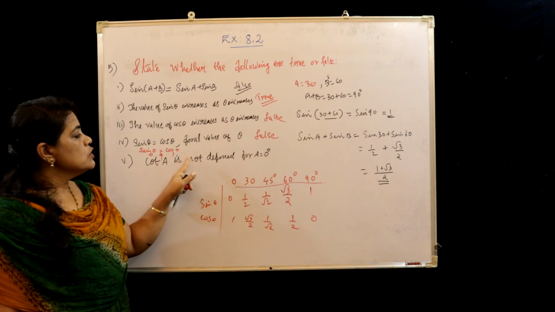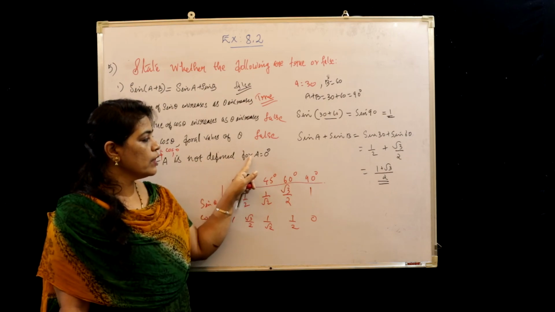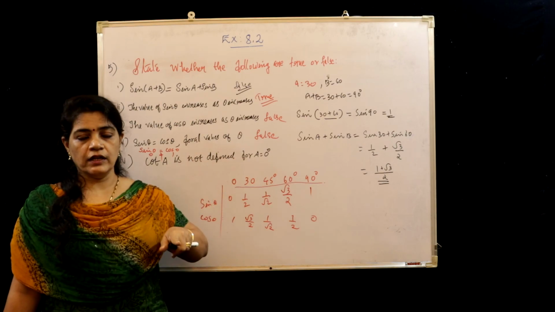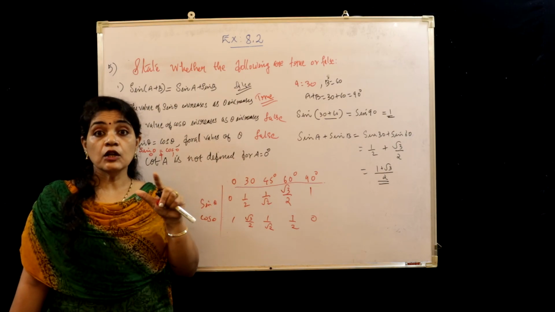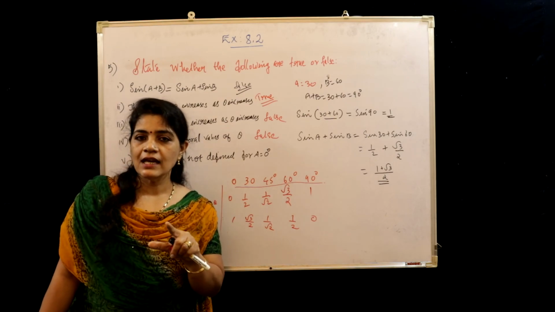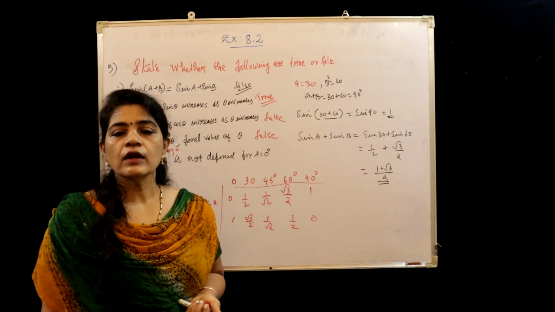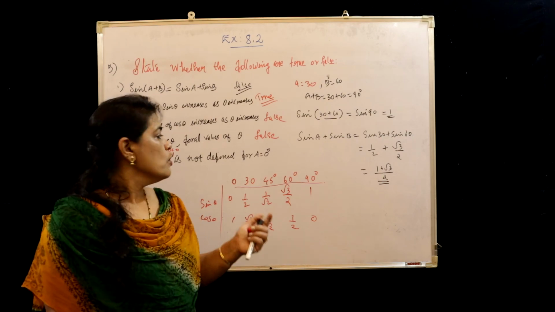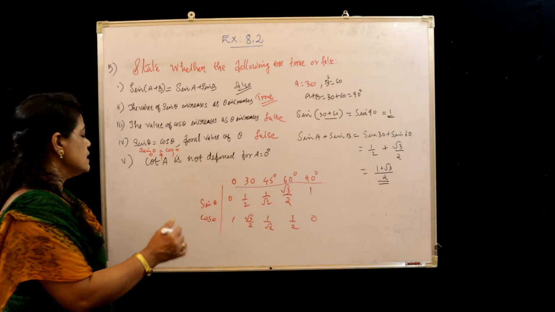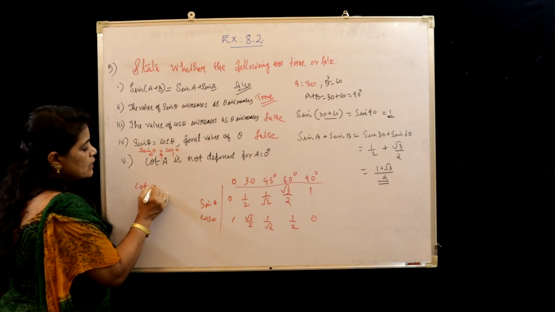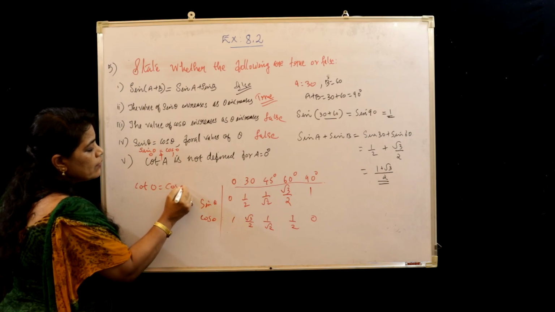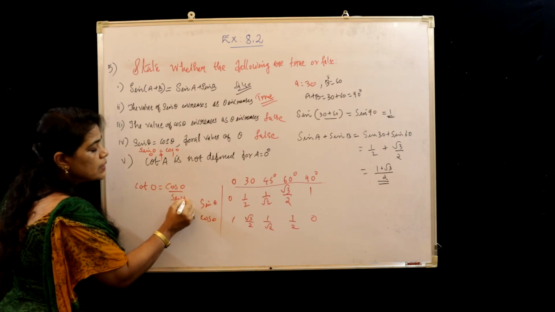Cot A is not defined for A equal to 0 degrees. Not defined means if 0 comes in the denominator, in that case we say it is not defined. And by the quotient relation, cot 0 can be written as cos 0 divided by sin 0, isn't it?